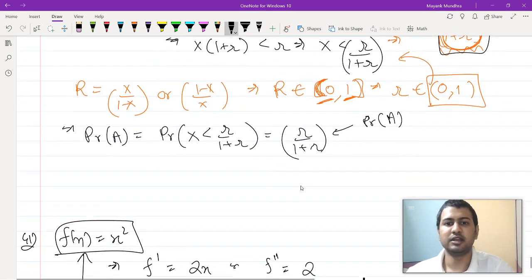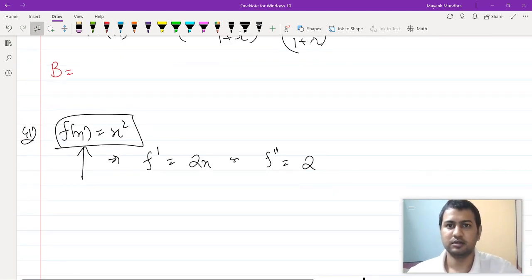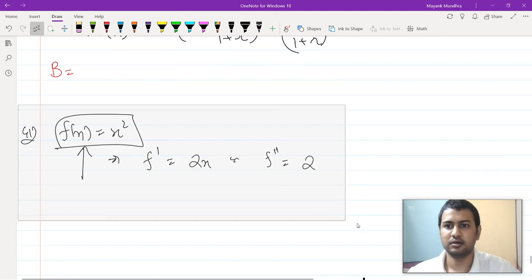Similarly, I can construct another case B. So let me just shift this thing down.